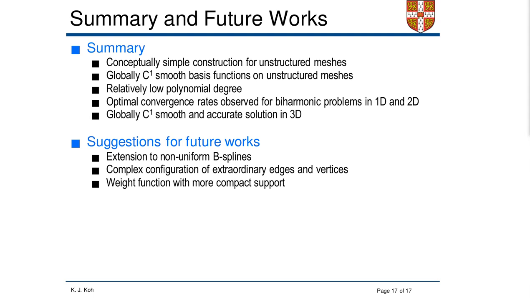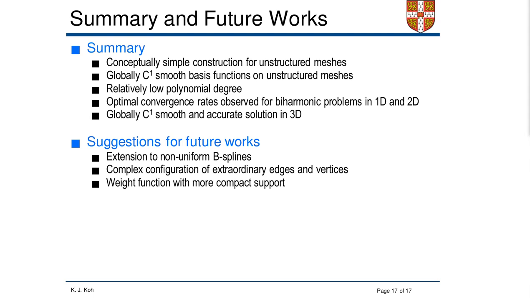To summarize, we have proposed a conceptually simple construction on unstructured quad and hex meshes. The construction uses the partition of unity method to blend 2 sets of basis functions, and the result is a set of globally C1 continuous basis functions. We have considered a quadratic case, but this really extends to higher polynomial degrees. And we have seen how using the SB-splines we don't need expensive quadrature.